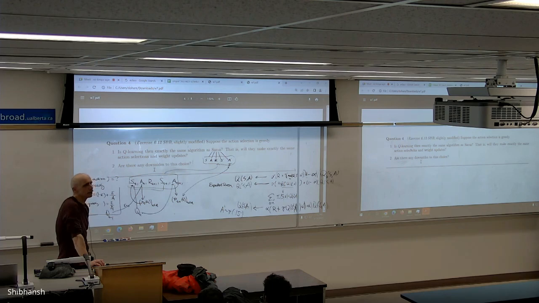Yeah, non-unique maximizers easily break all these claims. So I guess implicitly it was assumed in the question that if you have two actions with the same action value, then you're breaking ties in some systematic way in both algorithms. Otherwise, yeah.